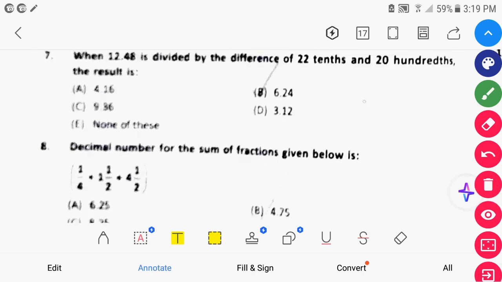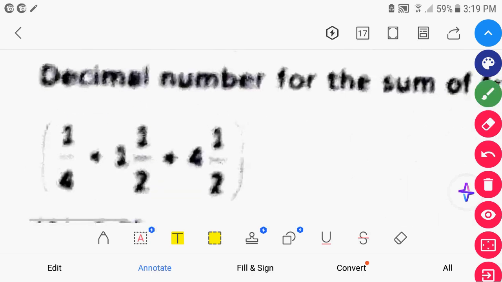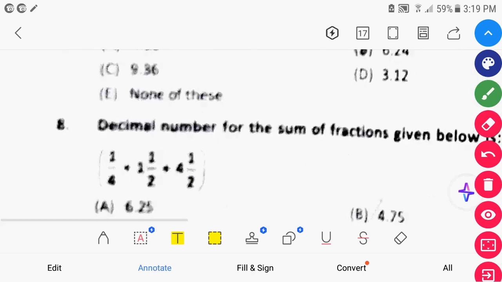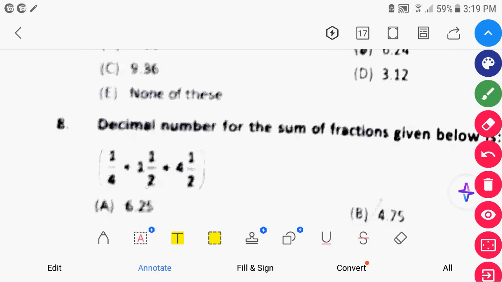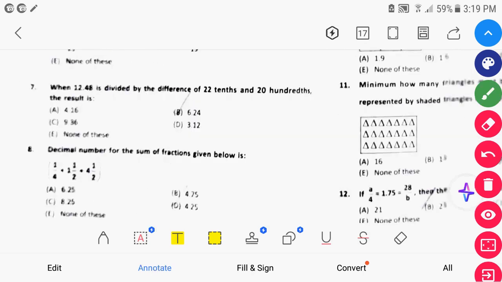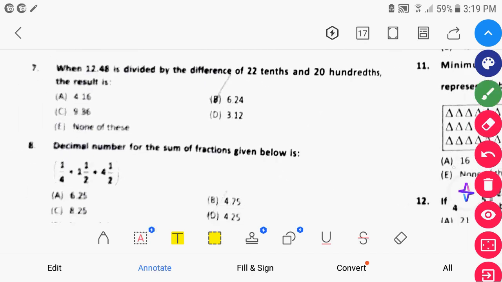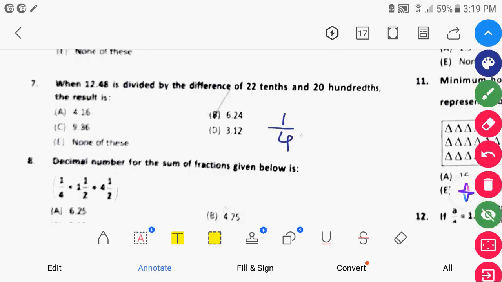Now what are the fractions they have given to us? 1 by 4 plus 2 and 1 by 2 plus 4 and 1 by 2.